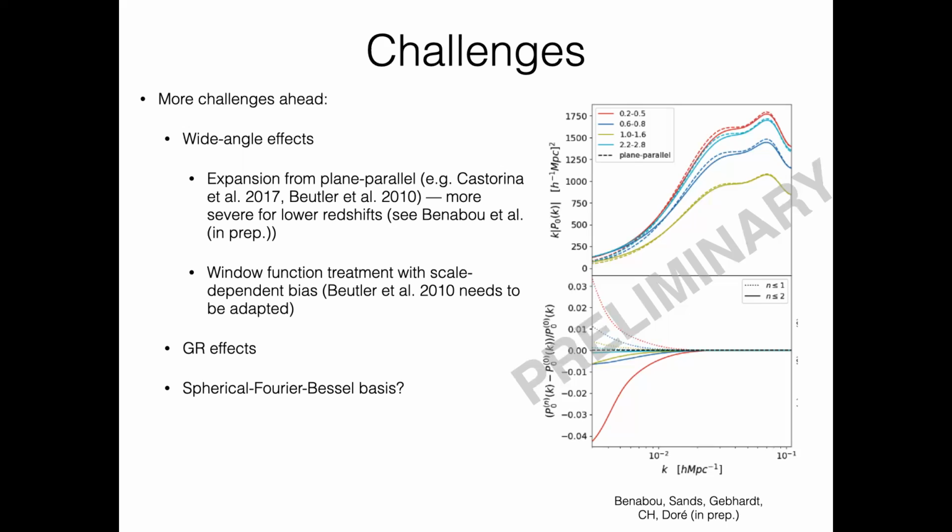So SPHEREx will be really good for constraining that as well, which is one of the last isocurvature perturbations that we haven't really put very stringent constraints on. Yeah, thank you.